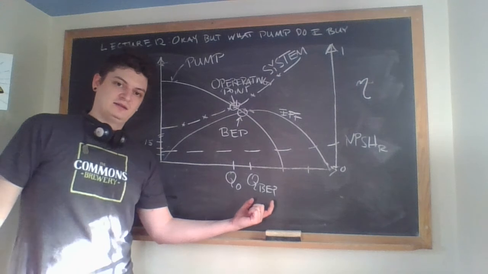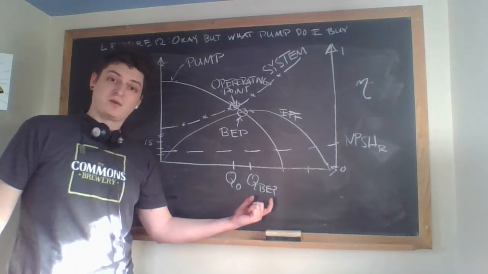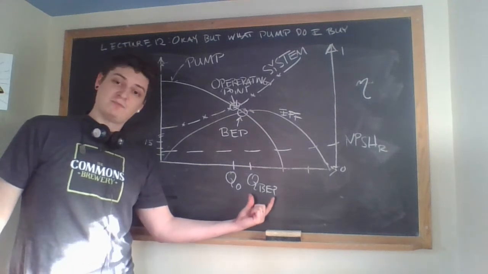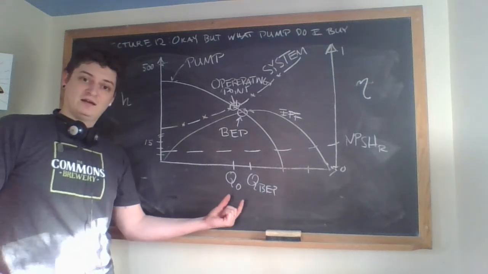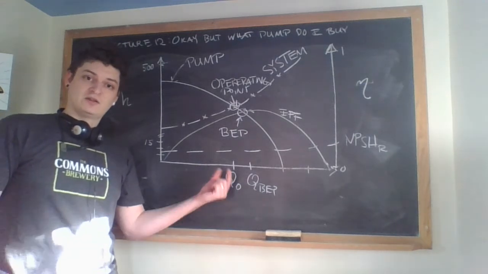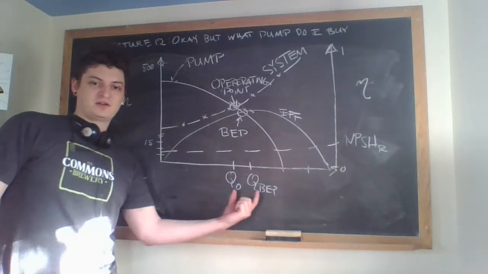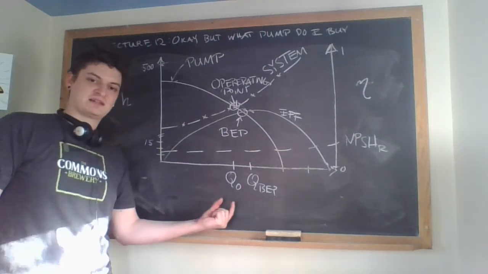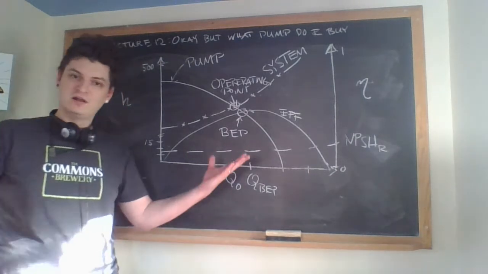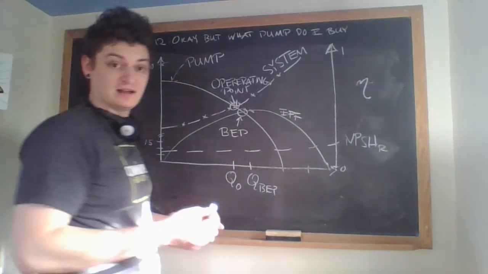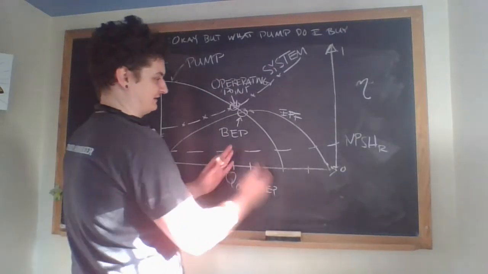This flow rate is based on the pump's characteristics, the pump's design, the pump manufacturing. This flow rate is based on the system's design, the pipes, the turns, the curves, etc. So you have to balance these two, where your system has a best operating point and the pump has a best operating point. So I think we all understand where you want to end up with these pump ideas: get these close.